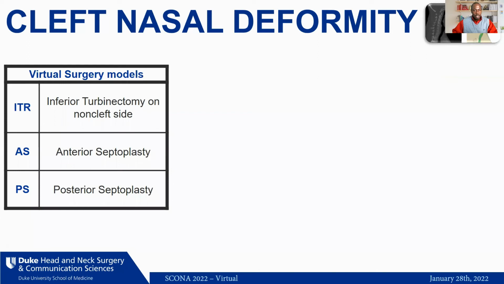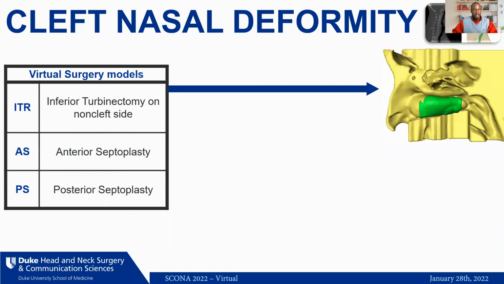Using the information we obtained from our identified sites of greatest obstruction, we created the following virtual surgery models. ITR, which is inferior turbinate reduction on the non-cleft side, is shown by the green outline where the turbinate was reduced.